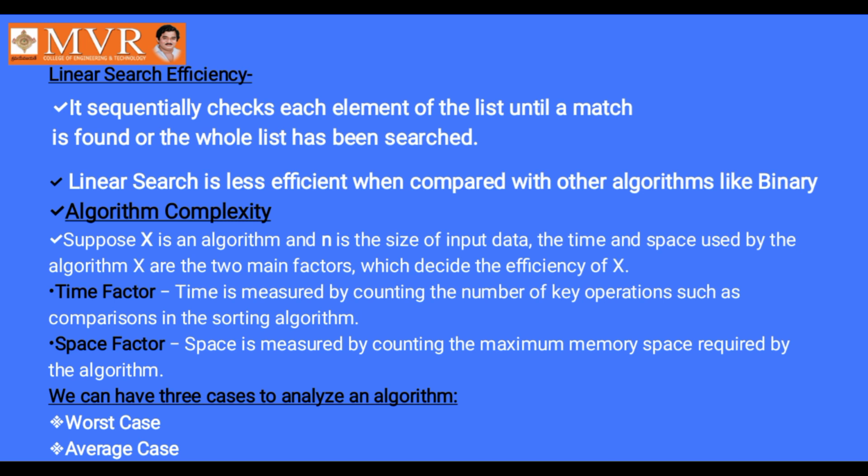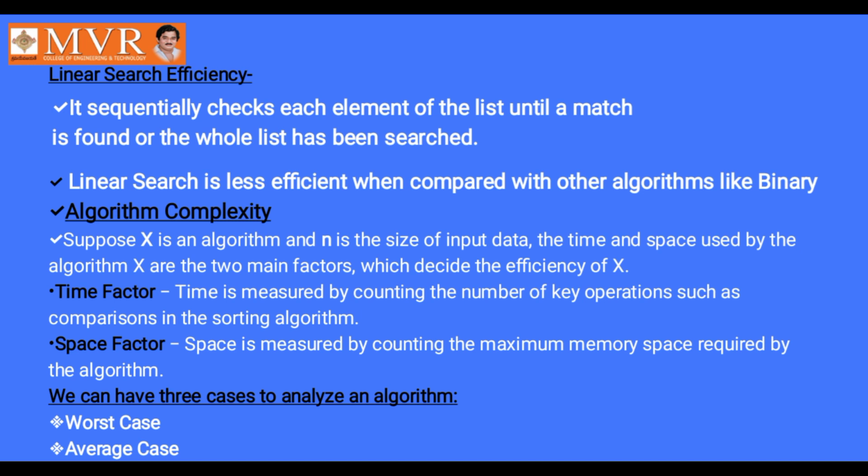If the match is found, that is if the search is successful, then it is okay, otherwise the search will stop at the end. This is a less efficient algorithm when compared to binary search or other searching procedures.